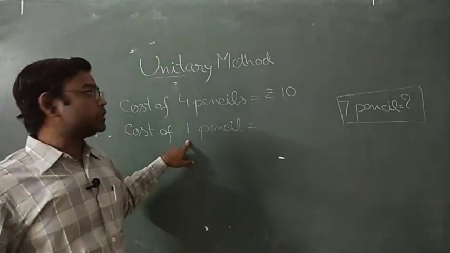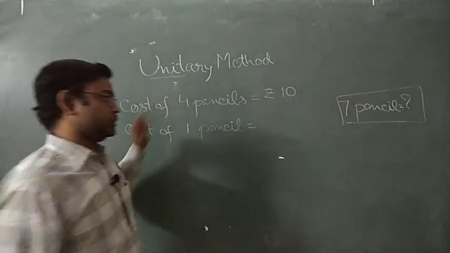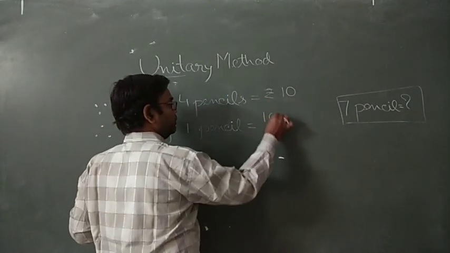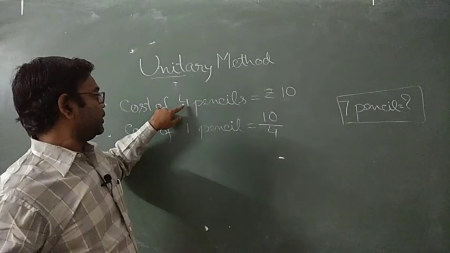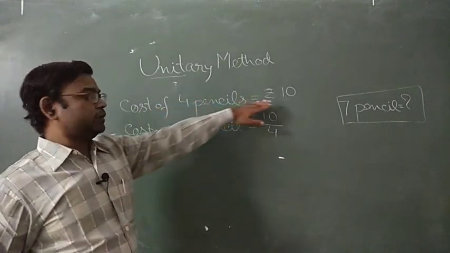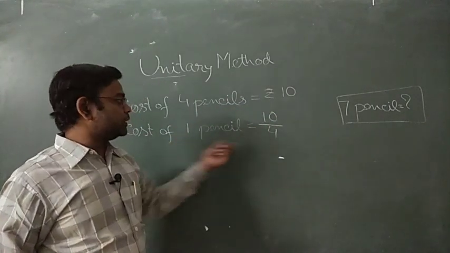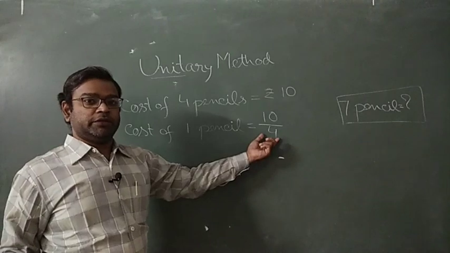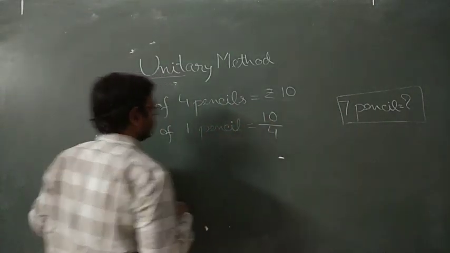So in this case we divide. Always remember, if more things are given and we are going to find out a smaller number of things, then we must divide. It's this amount of rupees.